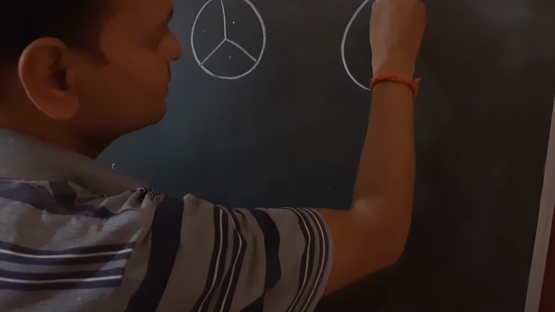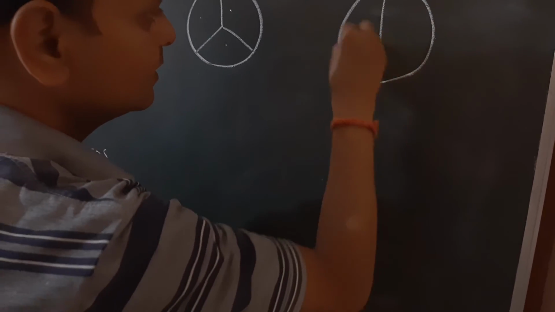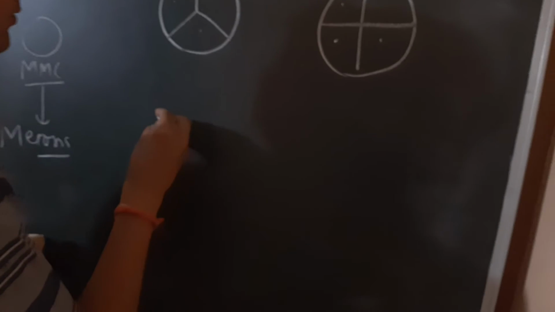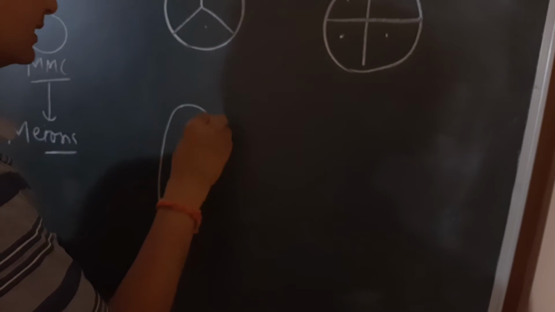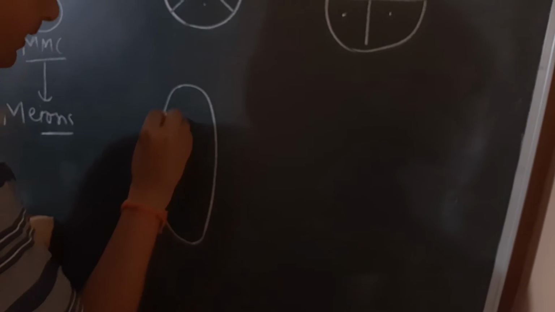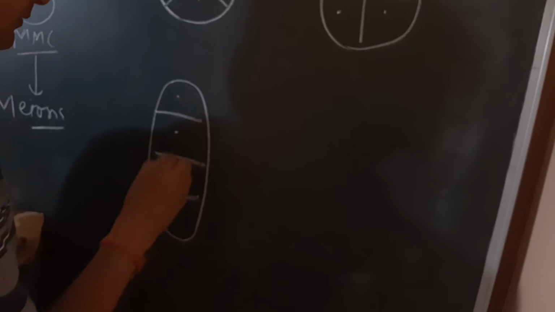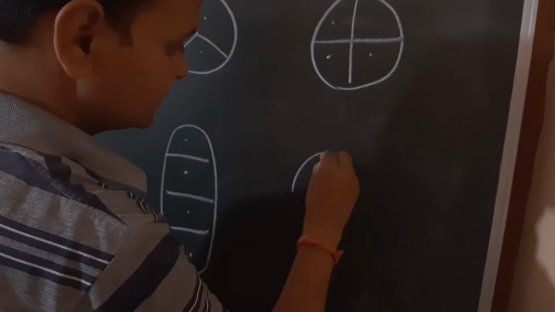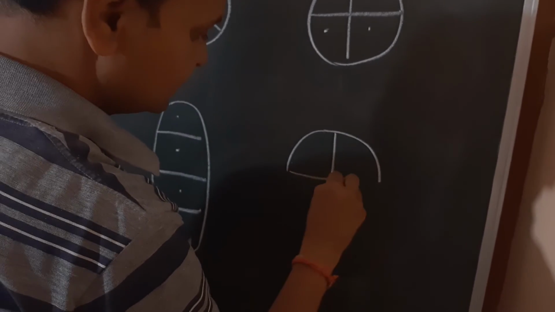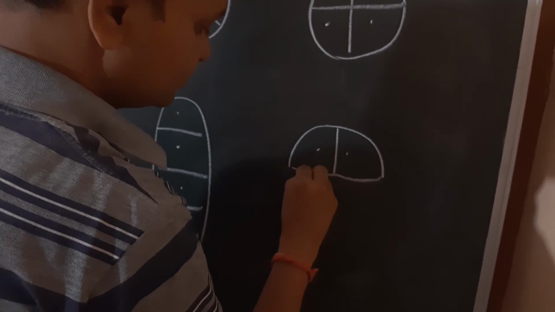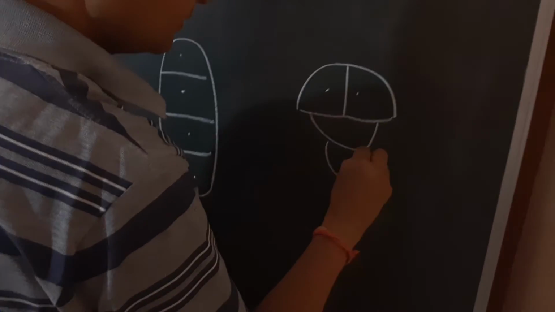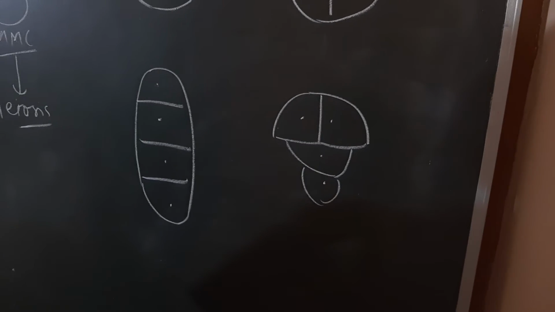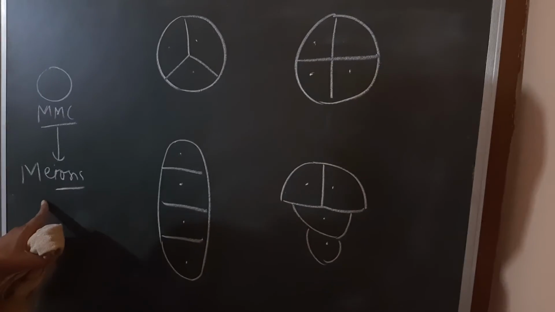One may be like this also, where the 4 are visible here, or one may be in a linear arrangement like this. These are the 4 cells of the tetrad connected to each other, or they may be in this form also, where 2 are in this way and the remaining 2 are in this way. So there are different positions of arrangement for the 4 haploid cells which are formed after meiosis.